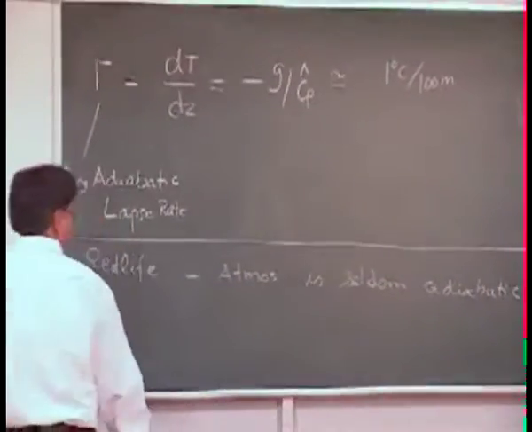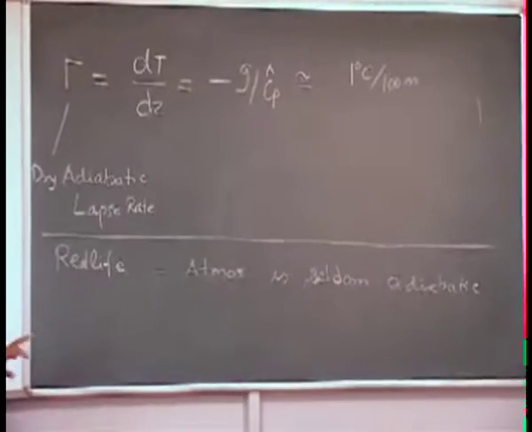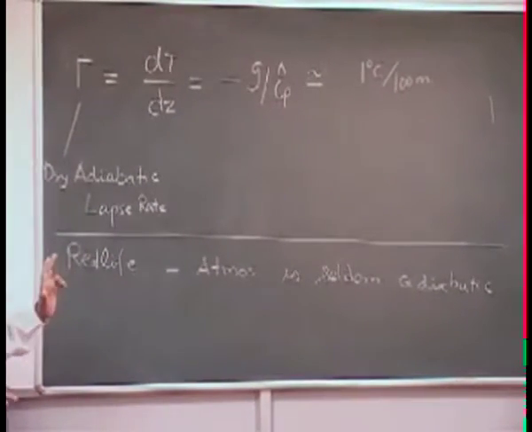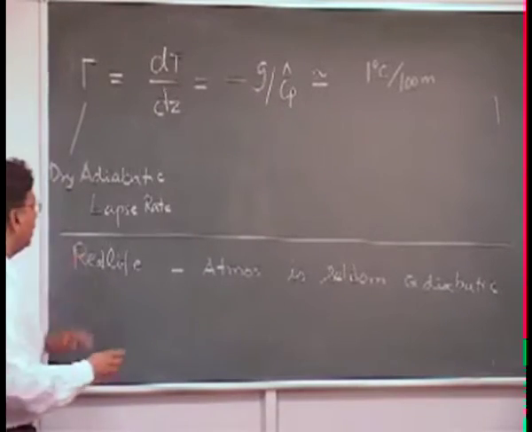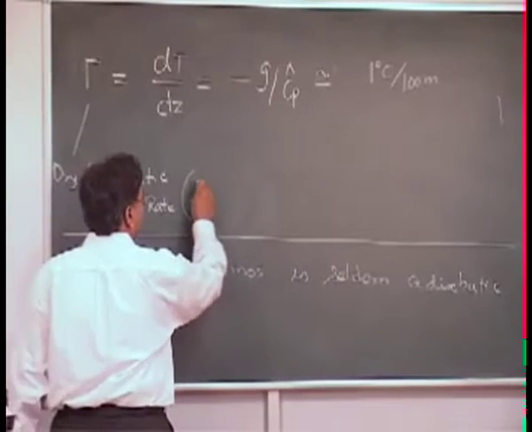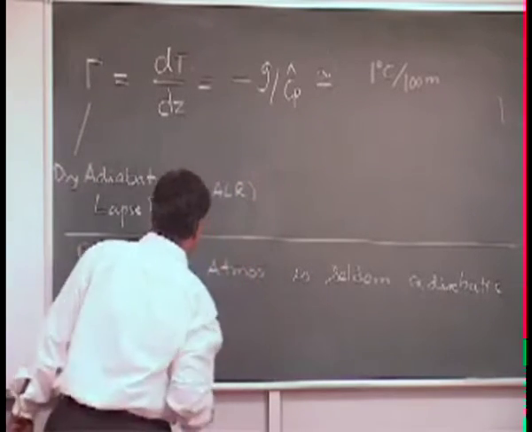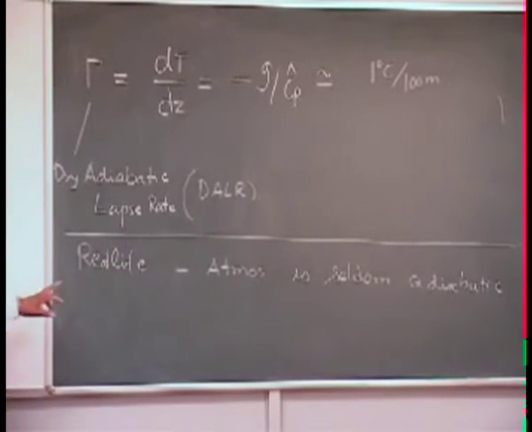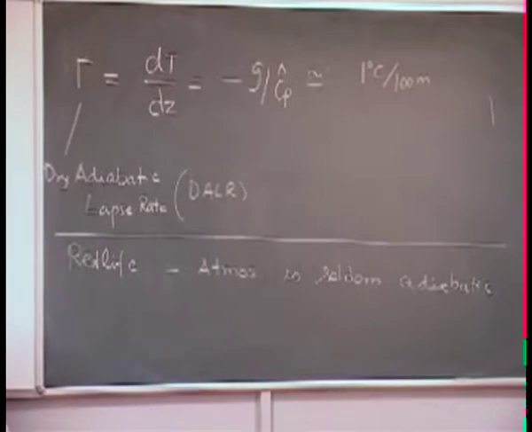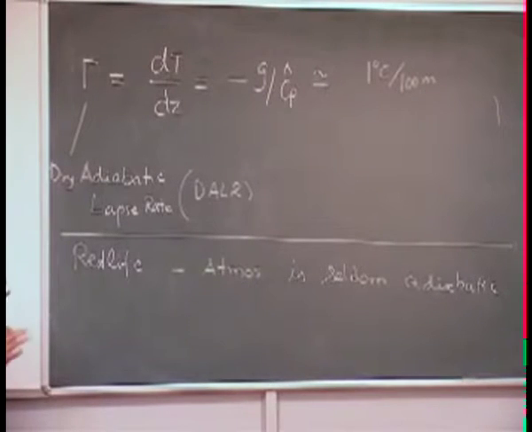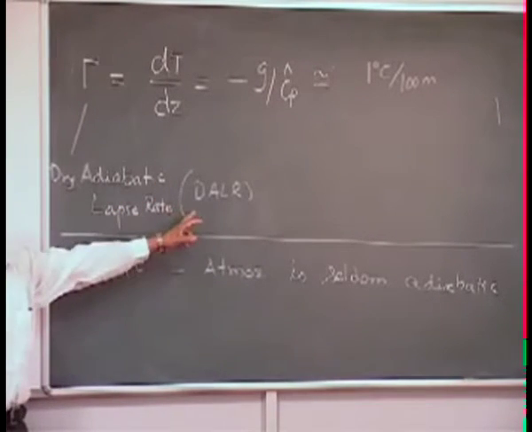So in that case the atmospheric lapse rate, let's write this as DALR, and in real life the atmosphere is seldom adiabatic. So this atmospheric lapse rate will be a little different than what we have derived.